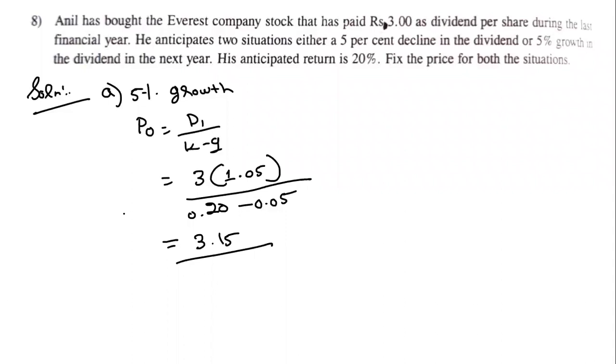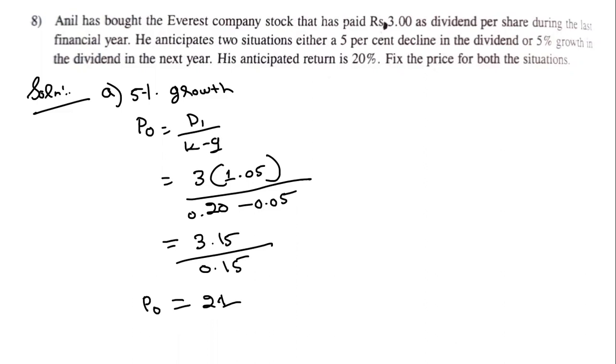So 3 into 1.05 is 3.15, divided by 0.20 minus 0.05, which is 0.15. So 3.15 divided by 0.15 is equal to 21.